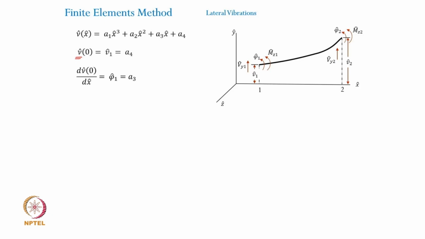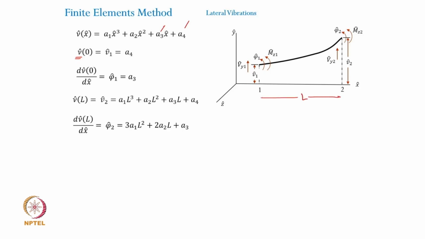So these unknown values of A3 and A4 are now defined in terms of the nodal parameters, the v1 and phi 1. And on similar lines, at x cap equal to L of this element, you can establish the expressions for the other two constants A1 and A2 using these two equations, with A3 and A4 already known as v1 cap and phi 1 cap.